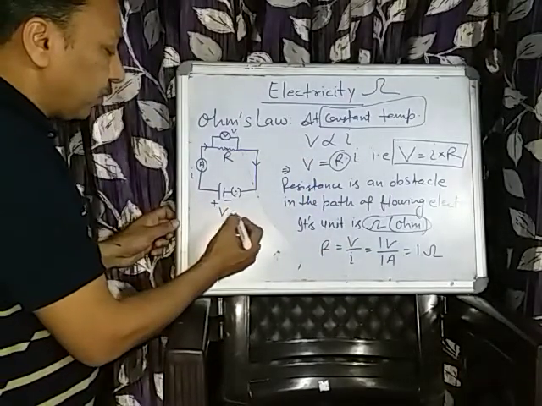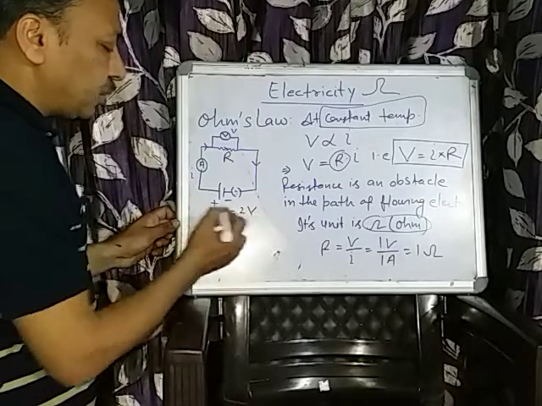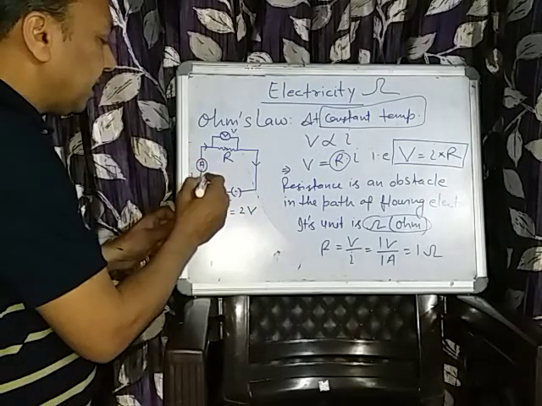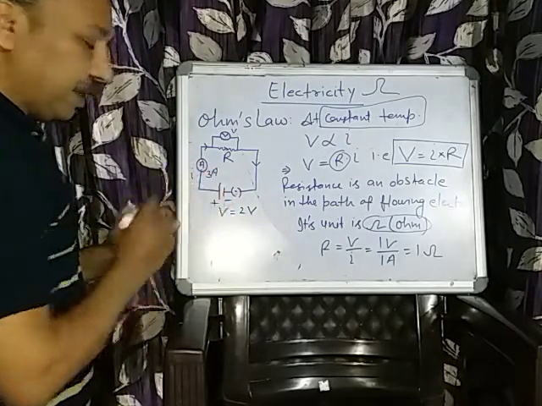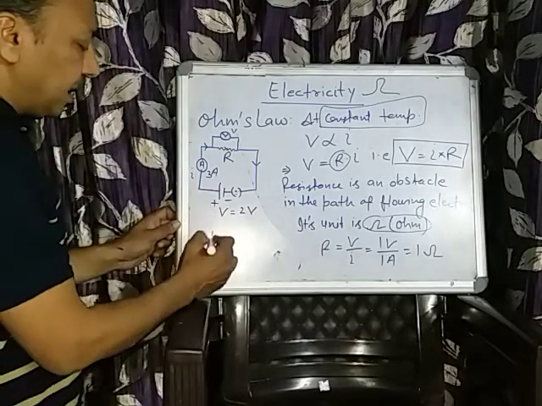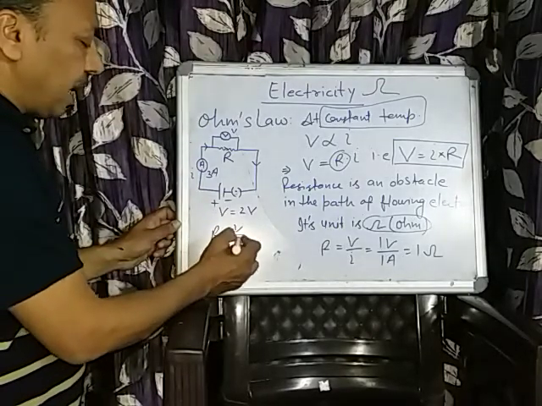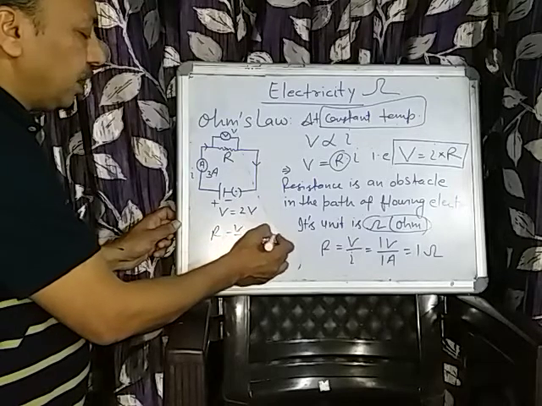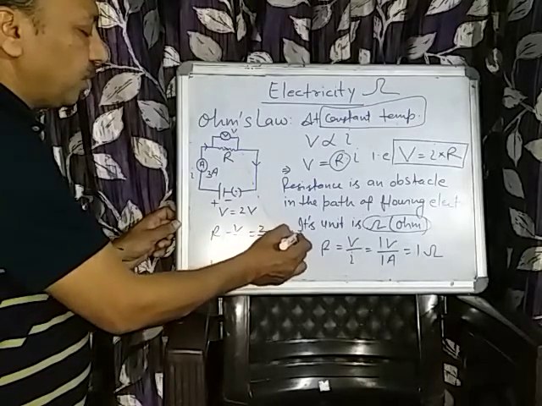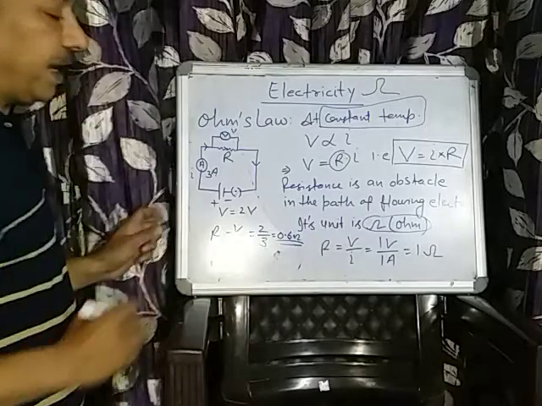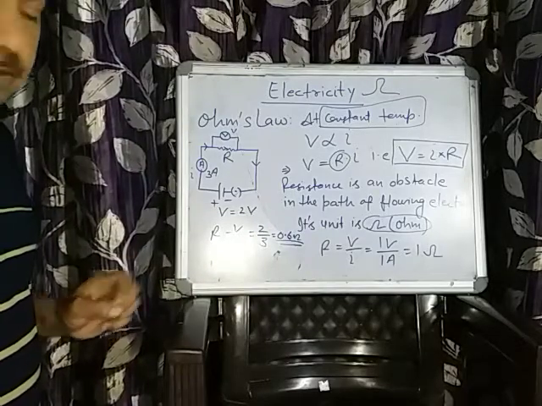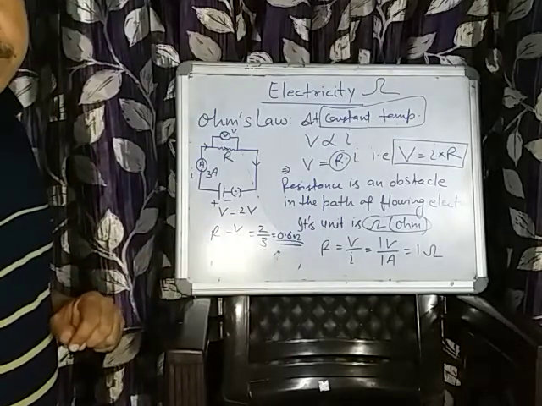Suppose, for example, you have connected a potential of 2 volt and the current is 3 ampere. Suppose it means the resistance is equal to V upon I. It is 2 upon 3, around 0.6 ohm resistance. That is the value of the wire. Is that clear? Around it is coming 0.6. Okay. Thank you.